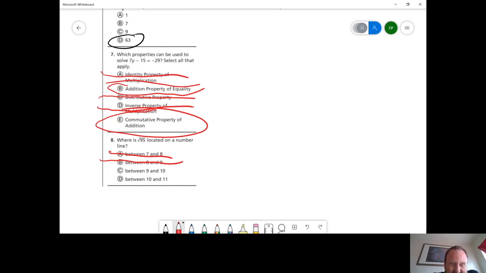Well, 9 times 9 is 81, and 10 times 10 is 100. That wouldn't really work. I'm going to put a little star. And then between 10 and 11, 10 times 10 is 100, and 11 times 11 is 121. So that's way above. That doesn't work either. The only one that actually works is 9 and 10. So that's the answer, C.